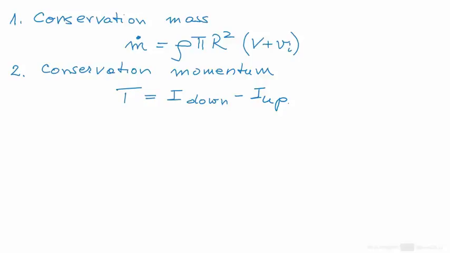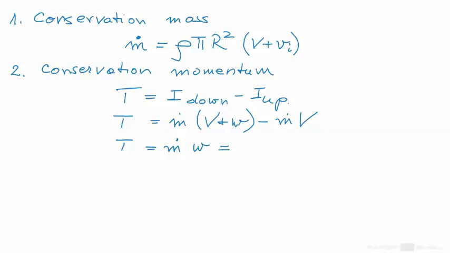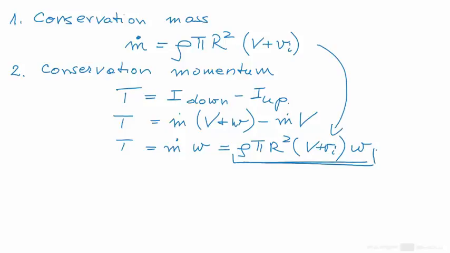So, substituting the momentum value, T is m dot (V plus W) down in the wake minus m dot V. So it means that the thrust equals m dot W, and if we substitute this formula, it is rho pi R squared (V plus VI) multiplied by W. So this is the thrust in the actuator disk theory.